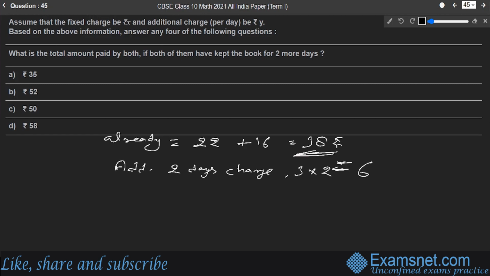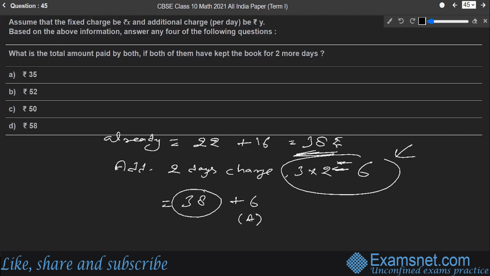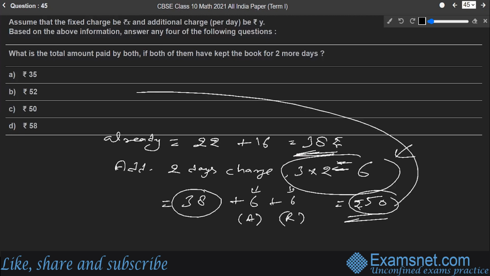For each of them, Radhika and Amruta, they have to pay 6 rupees extra each. So the total charge will be 38 already paid by both of them, plus 6 for Amruta and another plus 6 for Radhika, because they both have kept it for 2 more days. So it becomes 38 plus 12, that is nothing but 50. So the right answer is rupees 50, the total charge they will be paying if they keep it for 2 more days.